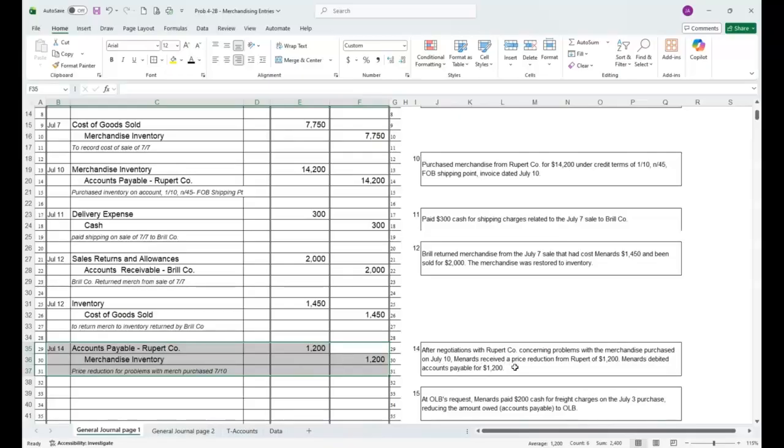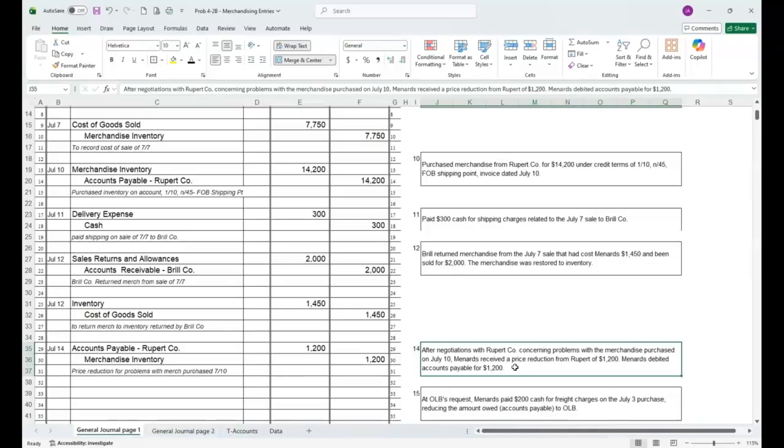We didn't actually return the merchandise to them. But we're just recognizing here that we don't owe them that merchandise now, or that we don't owe as much for that merchandise. That merchandise cost us $1,200 less than we expected.